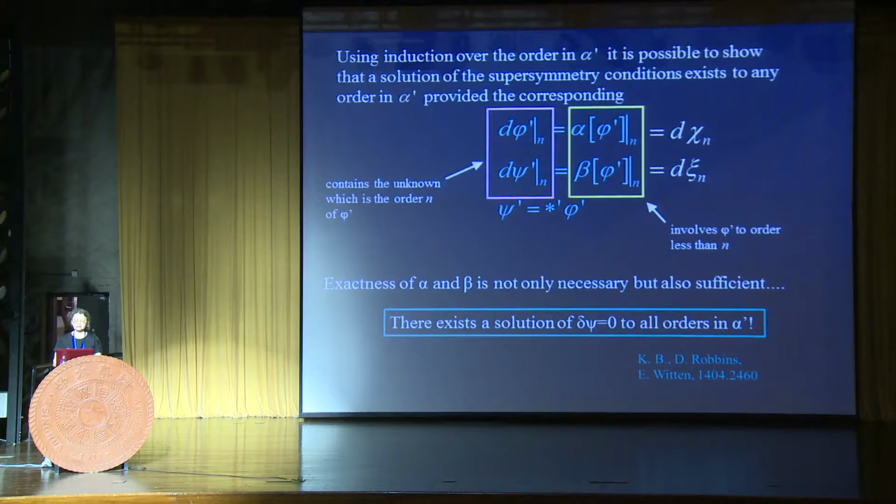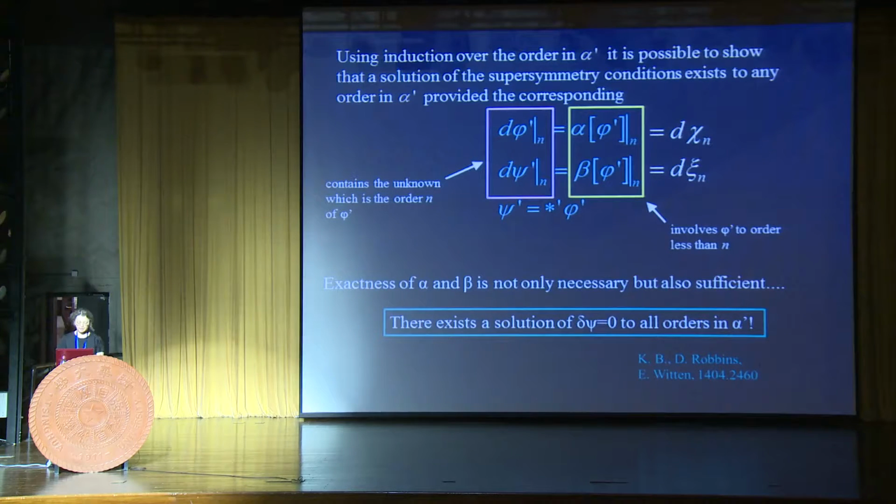So this exactness of alpha and beta to any order in alpha prime is something that we have to put in. We are not going to prove it by computing corrections to the Gravitino variation. But the next thing I'm going to do is to translate these conditions into a property of space-time. And later on, we will try to derive this property of space-time from first principles.